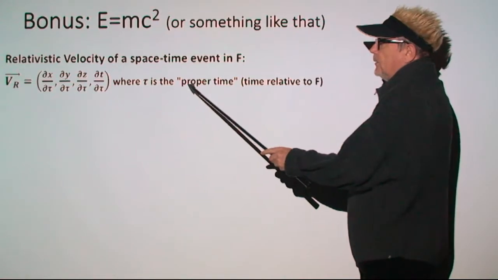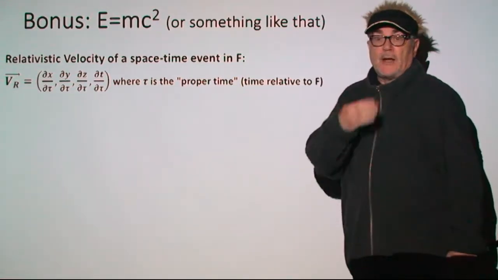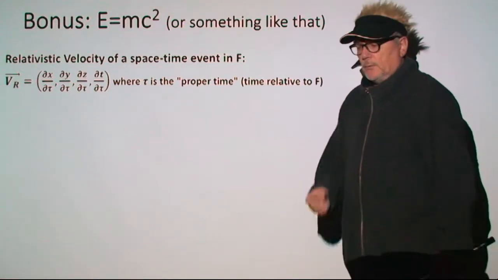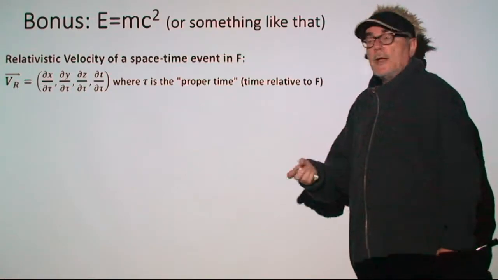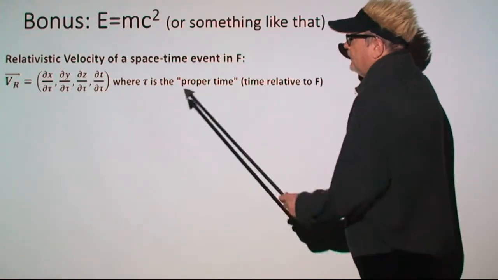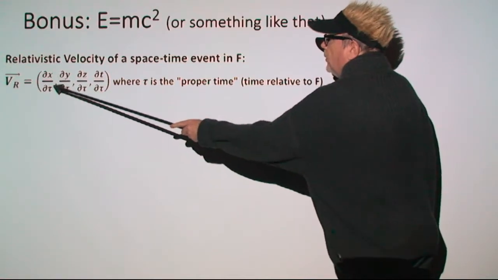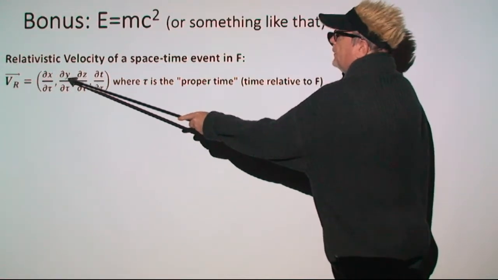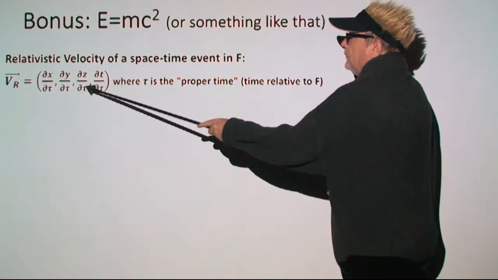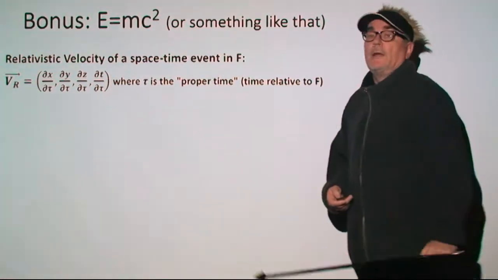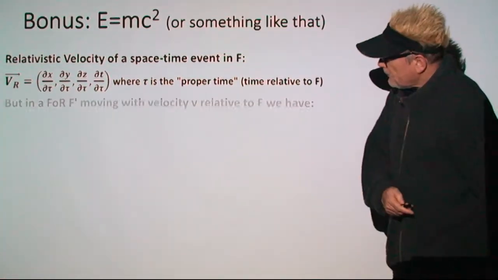According to Einstein, you would call that the proper time, which means the time relative to the frame of reference where the particle or the object is at rest. Then the velocity would be the derivative of x over d tau, then the derivative of y relative to tau, and z relative to tau, and of course the generic time relative to tau, the proper time.